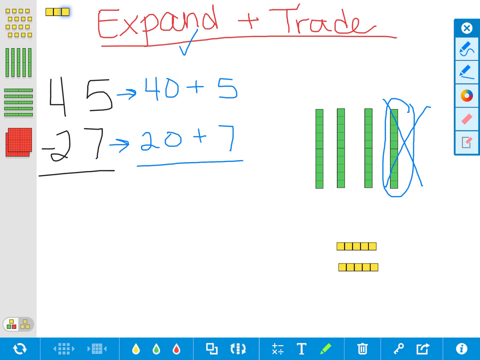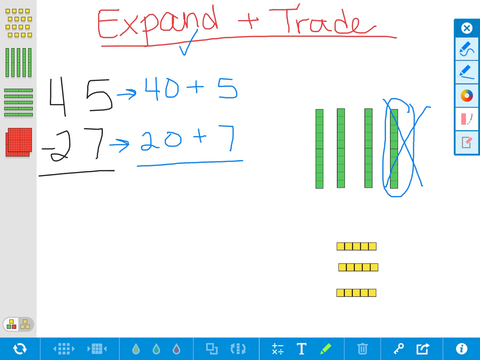And 1, 2, 3, 4, 5. So now we still have 45 because we have 10, 20, 30, 40, and 45.